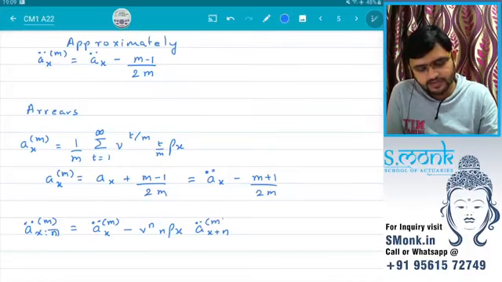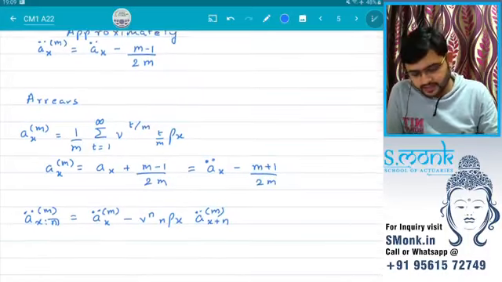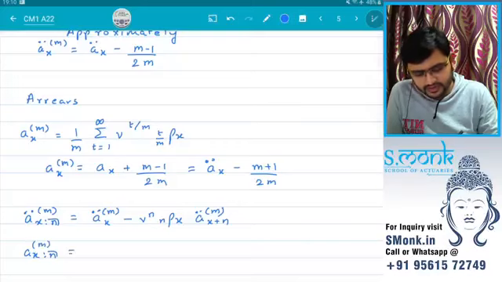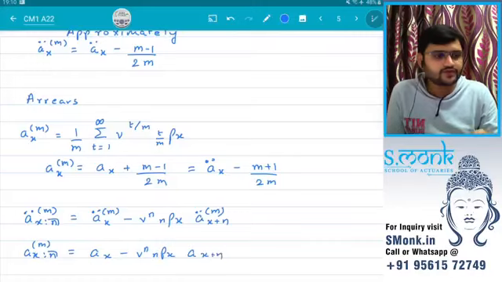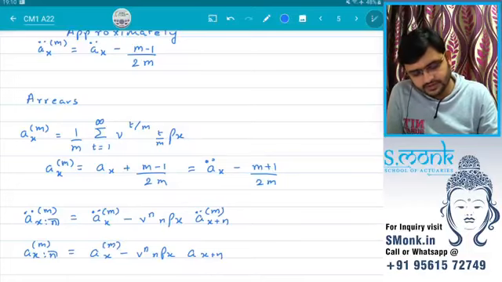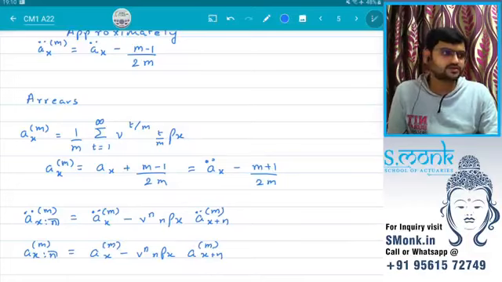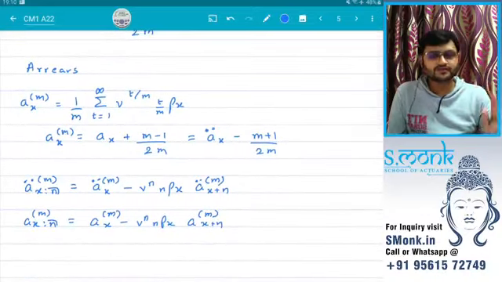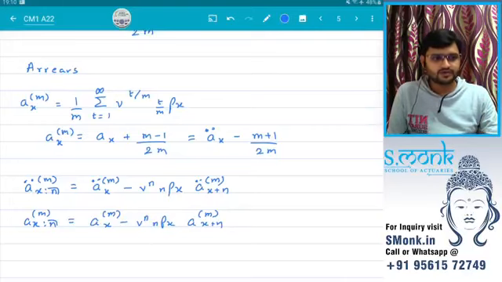Similarly, a_x:n payable m times, same thing, a_x minus v^n n p_x a_(x+n). All I have to do is make it payable m times. So a lot of formulas are very easy to remember because they follow the same pattern that we have seen before.